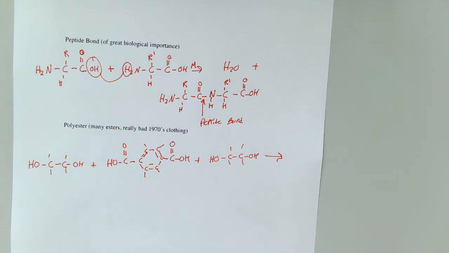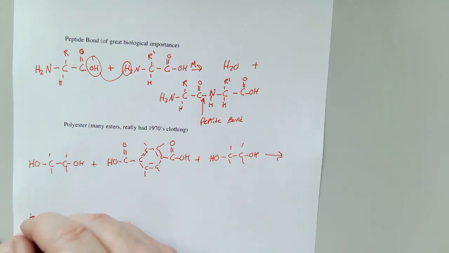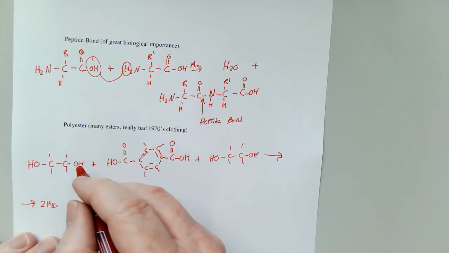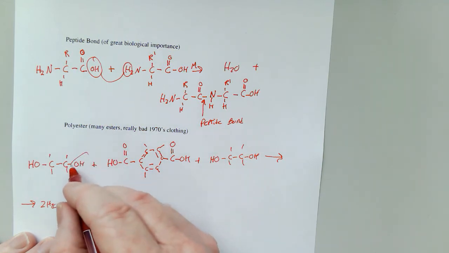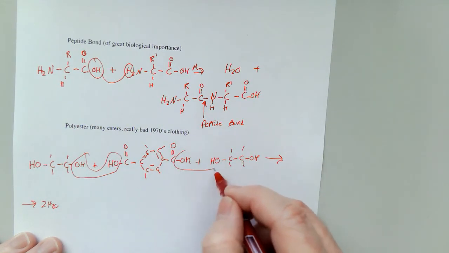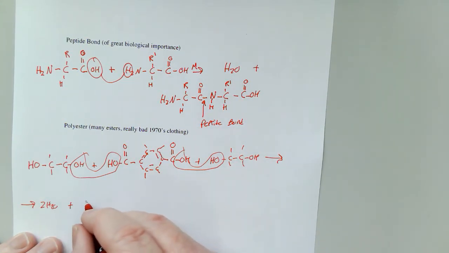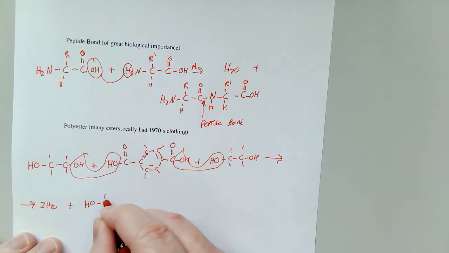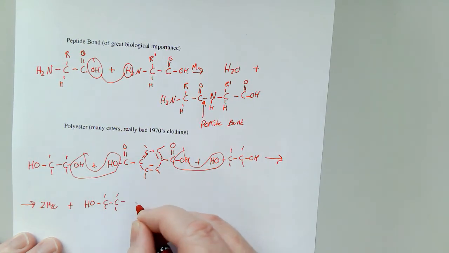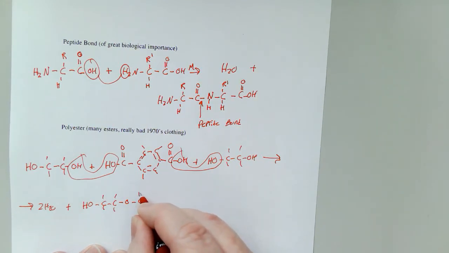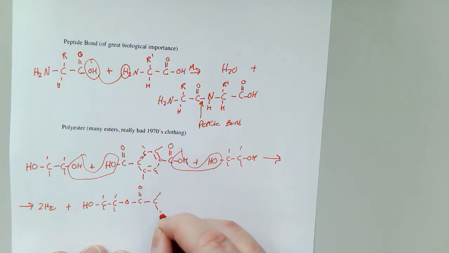All right, so using all of the right catalysts, what we end up with here are two water molecules, because what happens is we get reaction here and we get reaction here, which forms the two waters, plus HO, C, C. Then over here, we're going to get an O to a carbon that's a double bond to an oxygen that has the benzene ring.